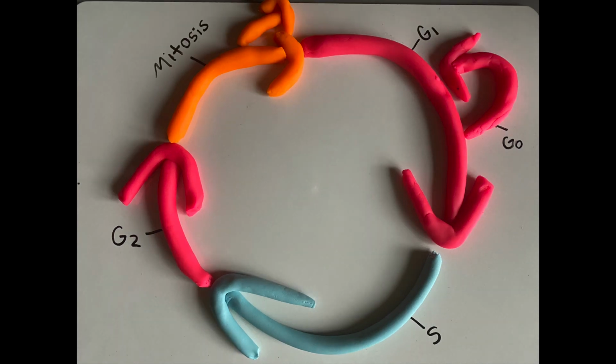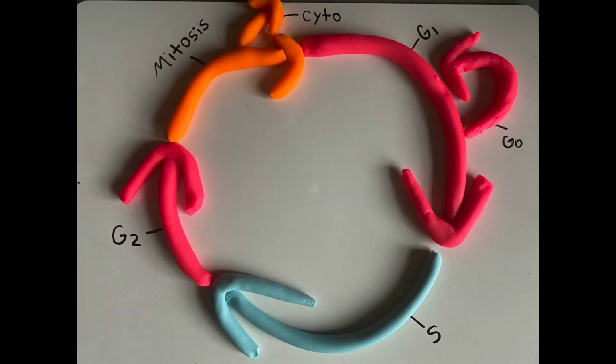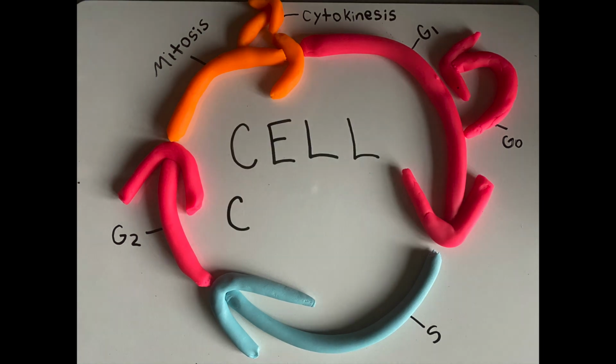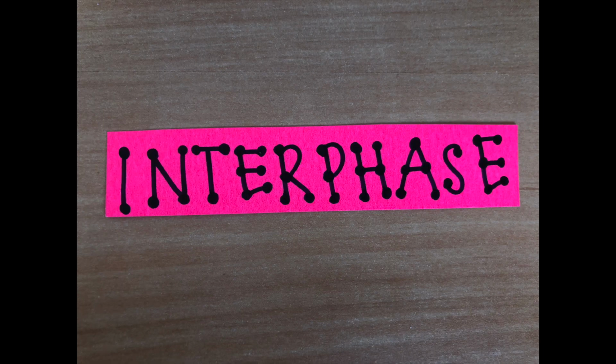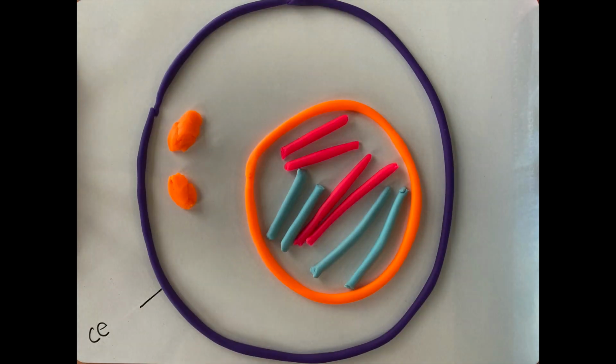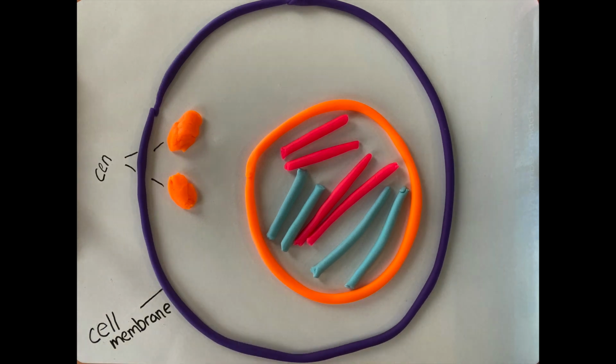After the S phase, or the synthesis phase, the cell continues to grow in the G2 phase until it is ready to completely undergo mitosis. In interphase, the cell is undergoing normal metabolic activity and preparing for mitosis. The two centrioles are present in the cell, close to one another.